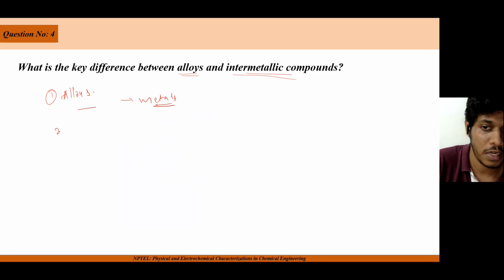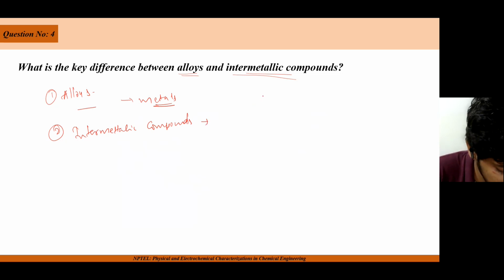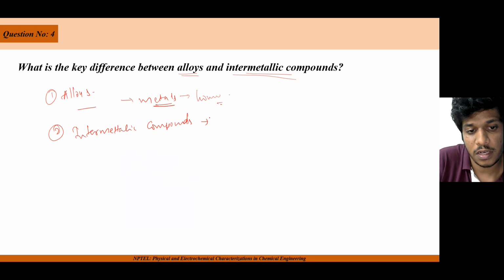Intermetallic compounds differ from alloys in that, although they are composed of two or more metallic elements, in alloys it is a homogeneous mixture, whereas in intermetallic compounds there is a proper stoichiometric composition of the materials.